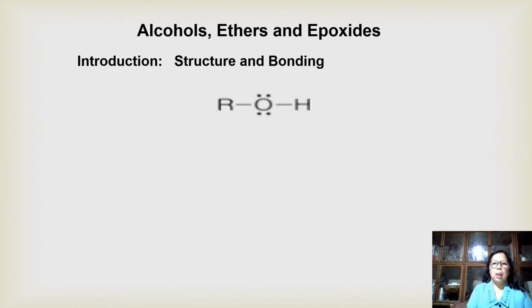This is your alcohol and its structure and bonding. It has 4 free electrons, and to one side is the hydrogen, and bonded to the other side is an alkyl group. It could be an aliphatic group, or it could be an aromatic group, or even a halogen or other compounds.